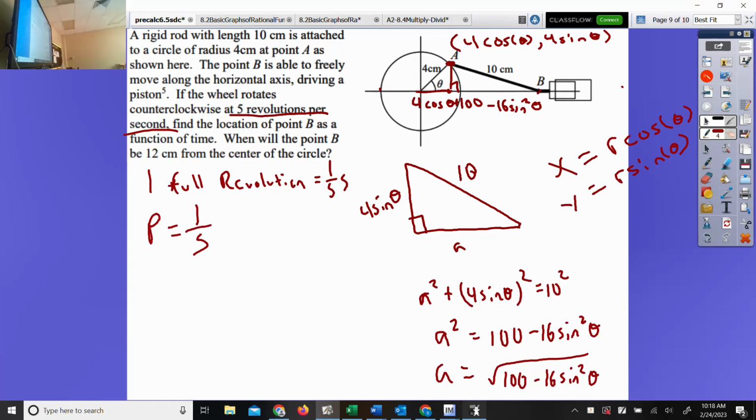Now, why did I do all that? Because the goal here is to figure out when the point is going to be 12 centimeters from the center of the circle. So 4 cosine theta plus the root of 100 minus 16 sine squared theta must be equal to what? 12. God, that got ugly real quick, didn't it? Oh, and I forgot my square root symbol. Forgive me. That's supposed to be a root of 100.